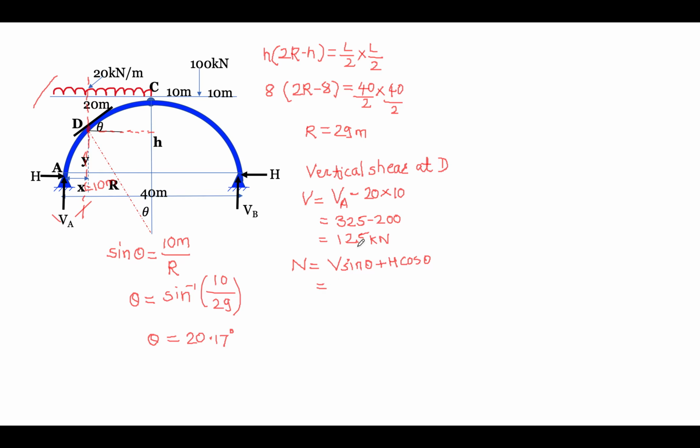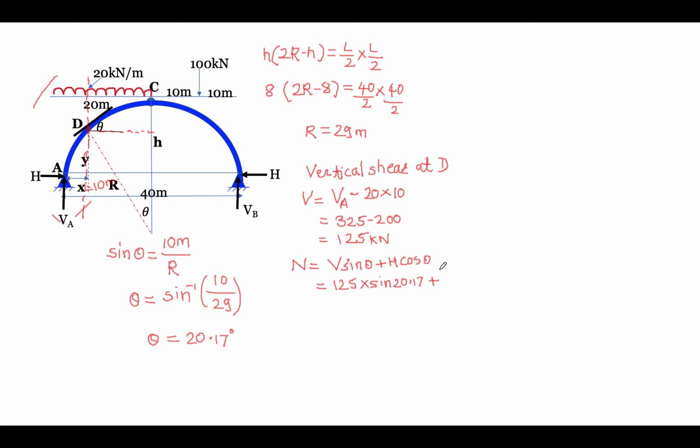When we substitute values here, V is nothing but 125, so 125 into sine of angle 20.17, plus H. How much H did we get?